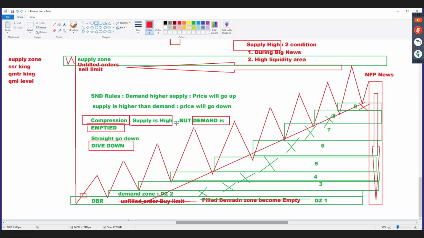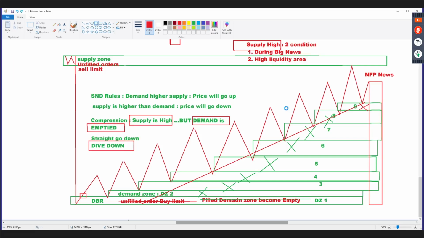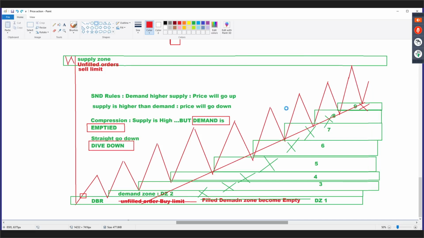Remember this: first, for compression sell, the demand must be empty and the supply is high. For the supply to be high, we have two conditions: one is during big news and one is at the high liquidity area. What is the high liquidity area? Let me erase this.